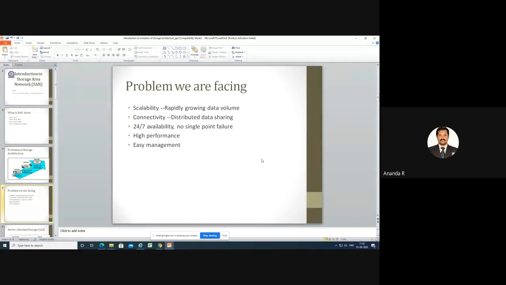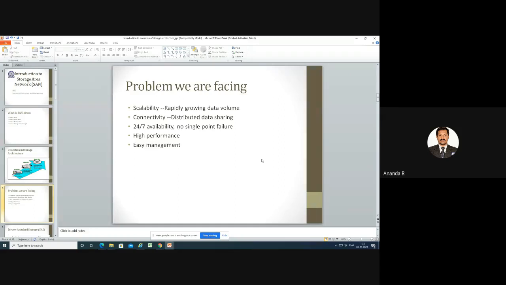What we use in our computer systems is completely unable to handle this much data volume, this much connectivity, this much availability. Because of that, we should think about a different kind of network, a different kind of architecture to handle this situation. So that is called availability.